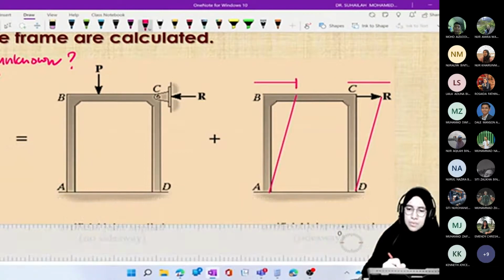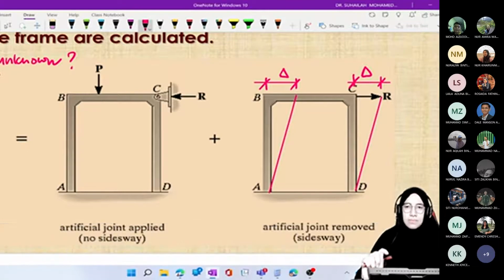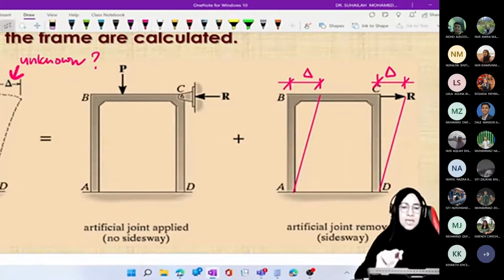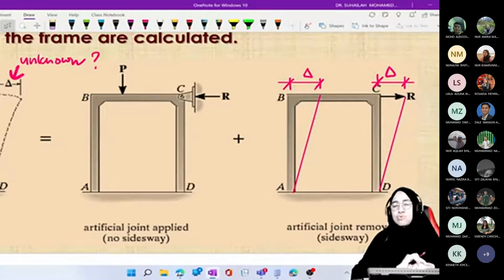This will be the delta. Delta. Okay, this will be the delta. So we have, nampak tak kat sini? We have to divide the FEM. Divide the FEM into two.